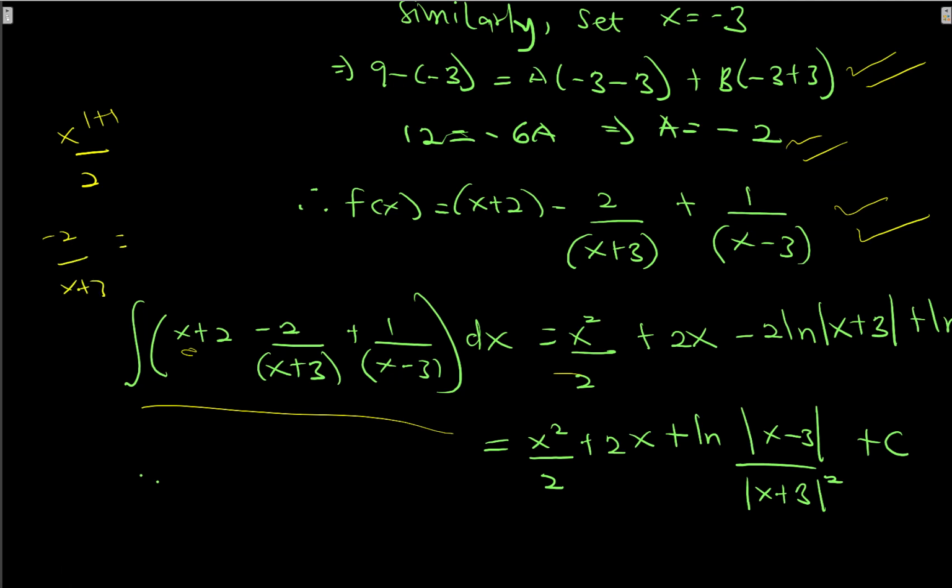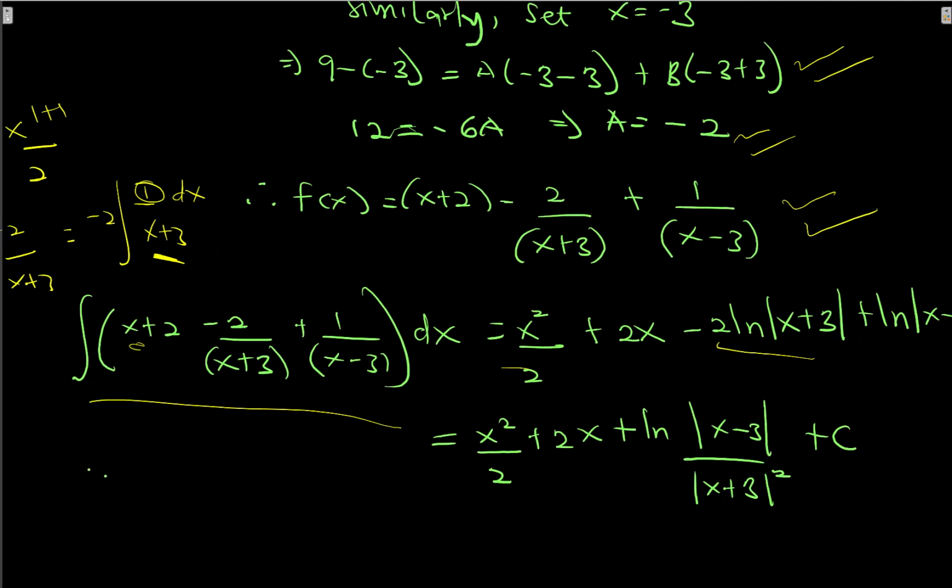And we can rewrite this integral as negative 2 integral of 1 over x plus 3 dx, right? But the denominator, when you differentiate the denominator, you get what? 1, and that's what we have as the numerator. So you obtain the log function, okay? So that will be negative 2 times the log of x plus 3, that's the natural log.